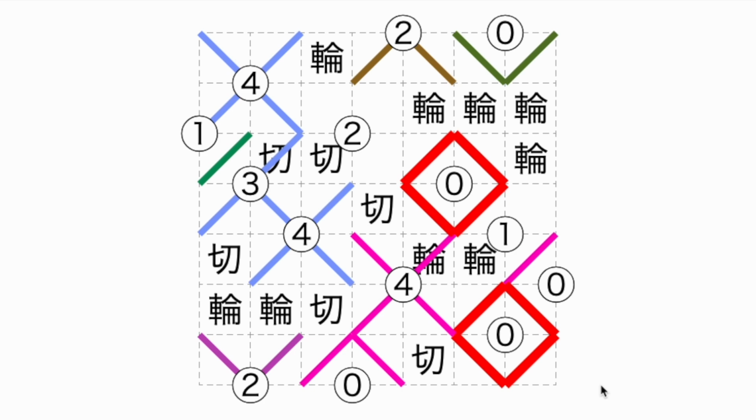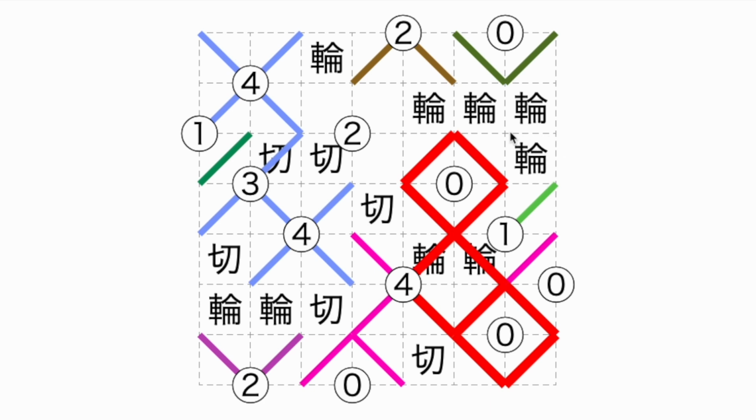And in fact, every wa symbol has to be part of a loop. So this cell, for example, I know can't go this way, because if it did, this would be a dead end, not part of a loop. So this goes the other direction, telling me what the 1 does. The 1 has to be this side.